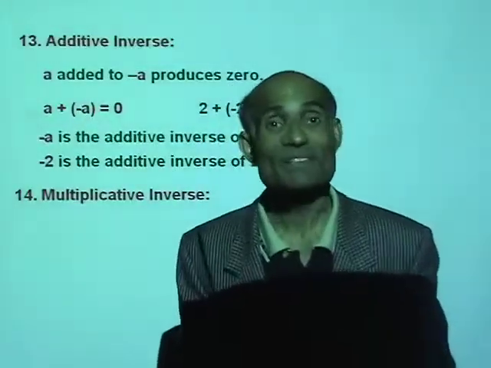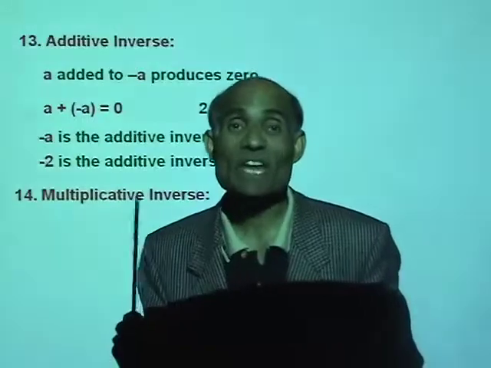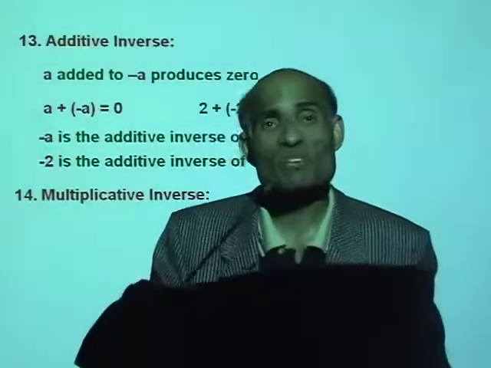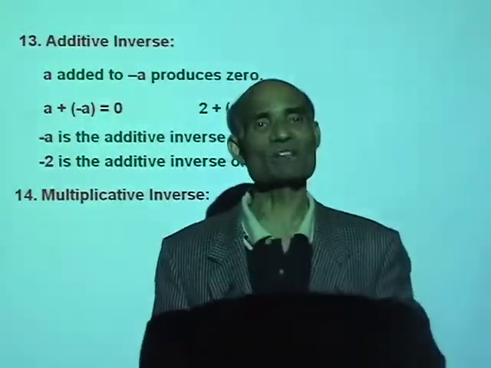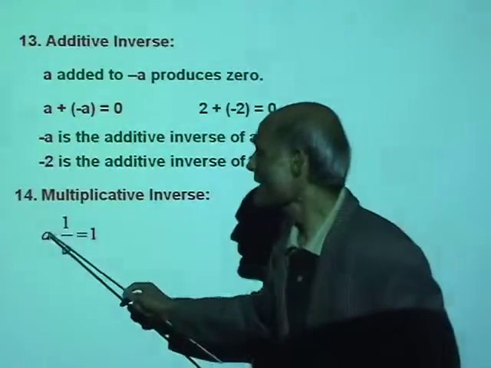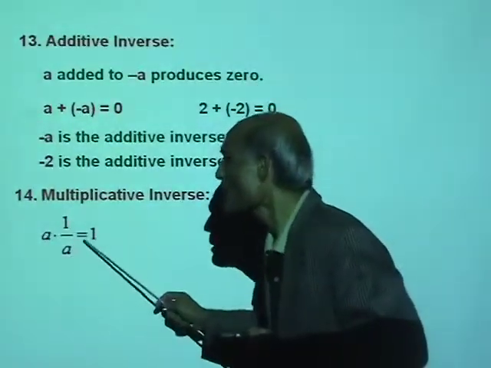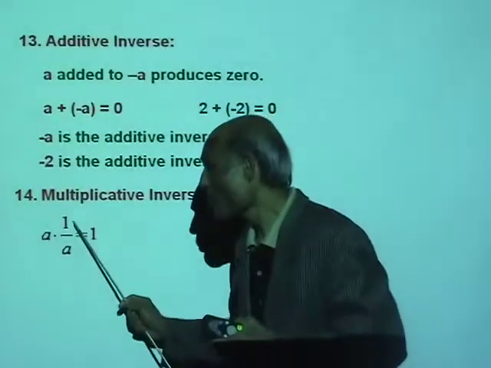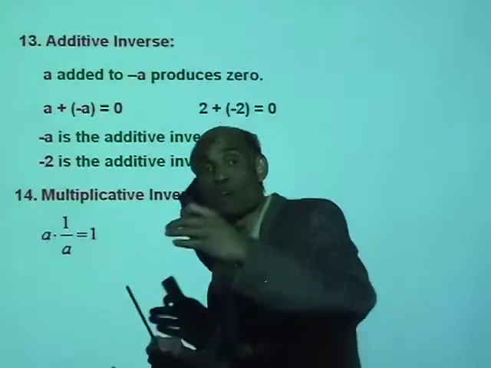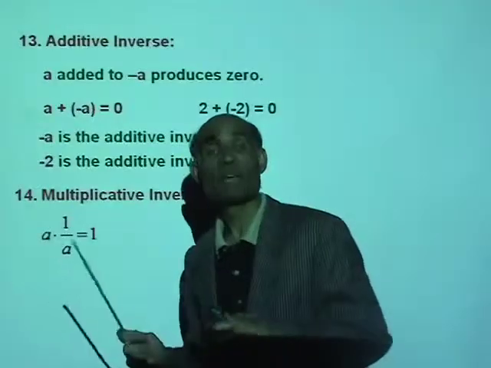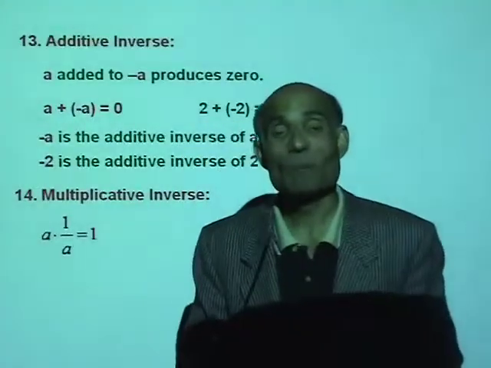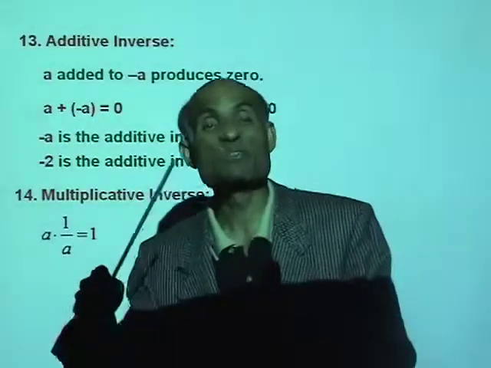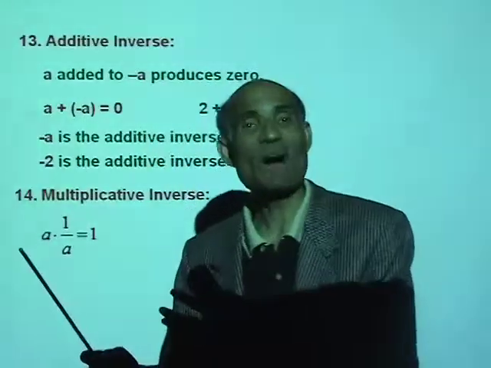In other words, the multiplicative inverse is actually the reciprocal of the number. A multiplied by 1 over A equal to 1. Is that right? Isn't 1 over A the reciprocal of A? Any number multiplied by its reciprocal is 1.